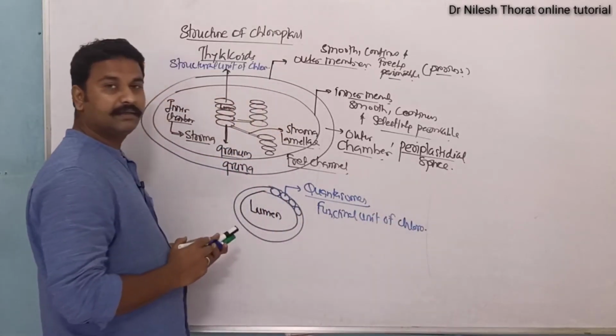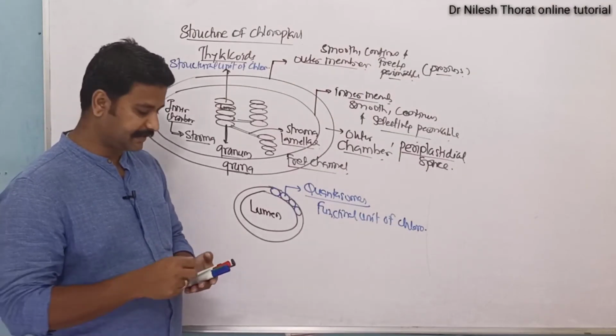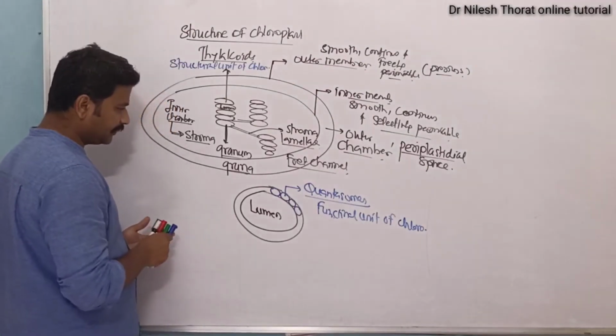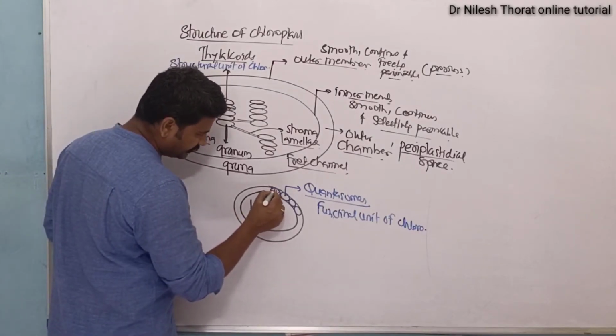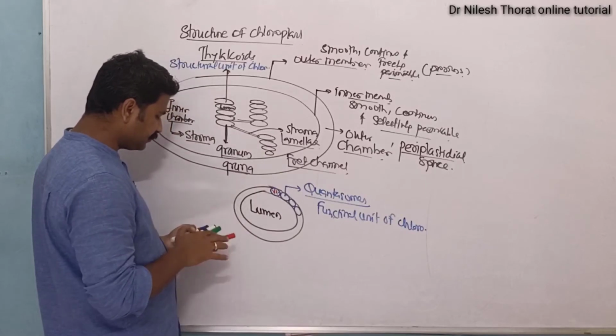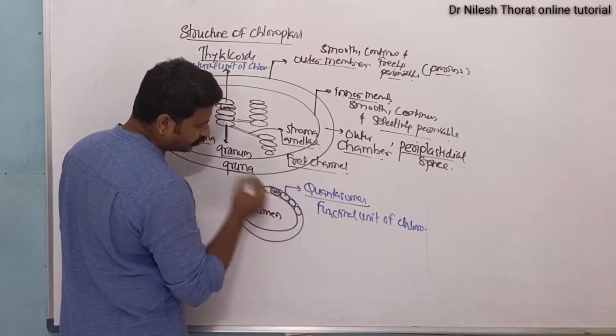Now these quantasomes will have different pigment systems inside them, and these pigments will form pigment systems inside the quantasome.